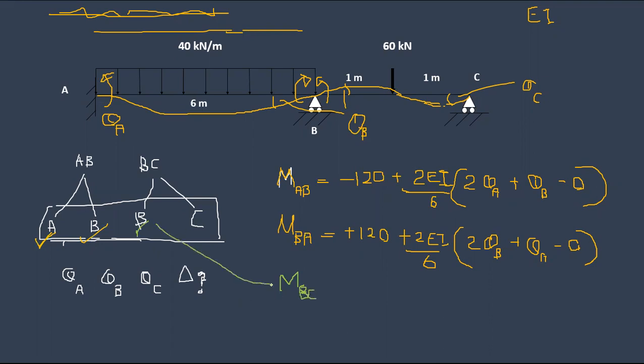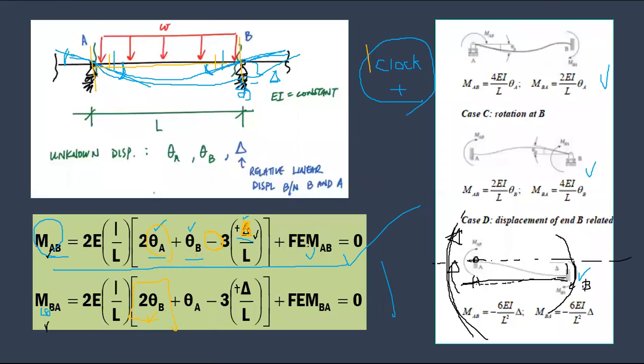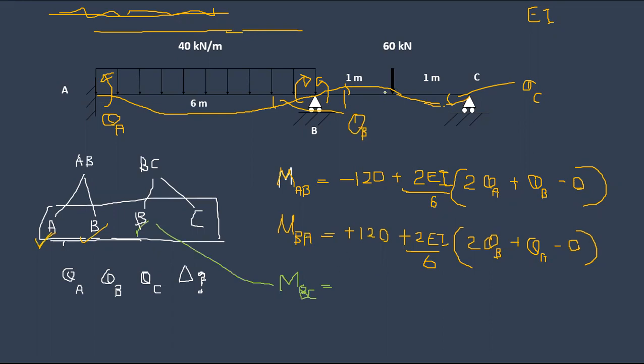BC. You have a point load, and the fixed end moment is going to be PL over 8. L is 2, so that's going to be 120 over 8, right?